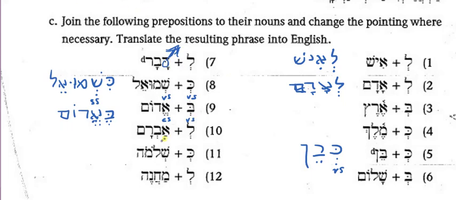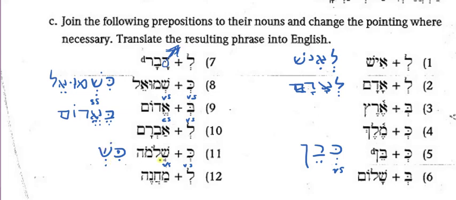Let's do one more. Let's do ke shilomo. Ke shilomo. What's going to happen when I add these two vocal shevas together to say like Solomon? Ke Shilomo. That's right. I'm going to get a Red Ryder problem. And we're going to shoot out the i under the kaf.